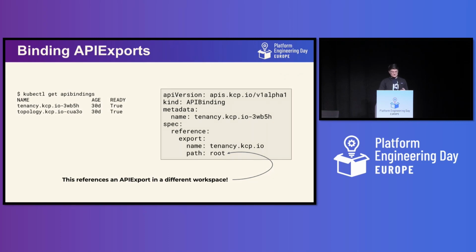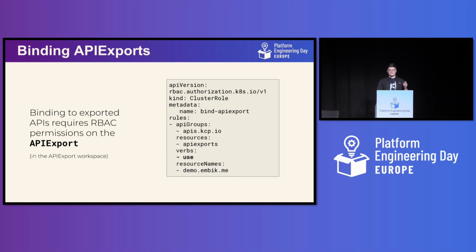But if I go ahead and do the same thing to the API export that I created with my two demo resources, then I would not necessarily be able to do that, because binding APIs means that you start getting access to services.